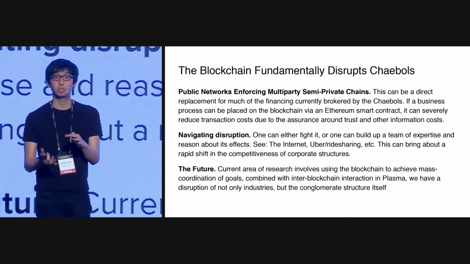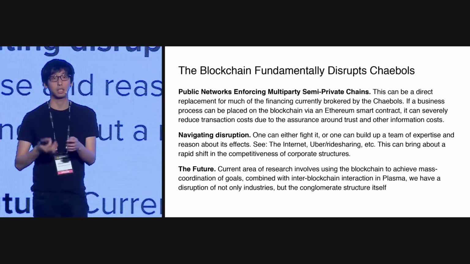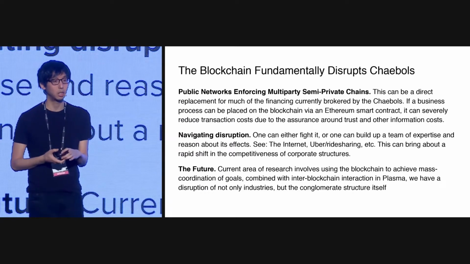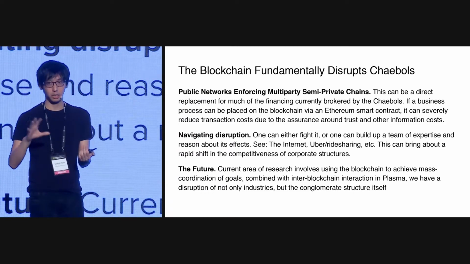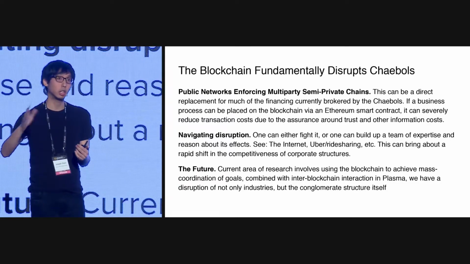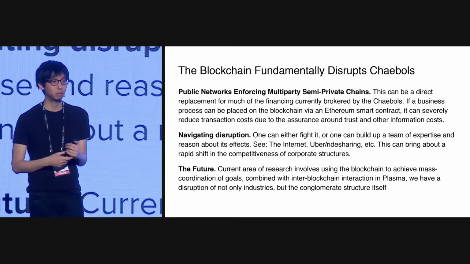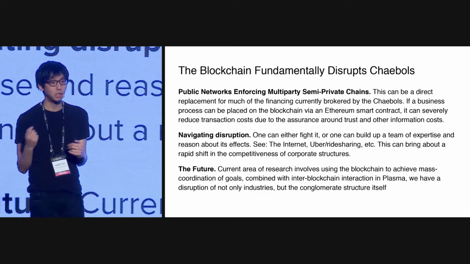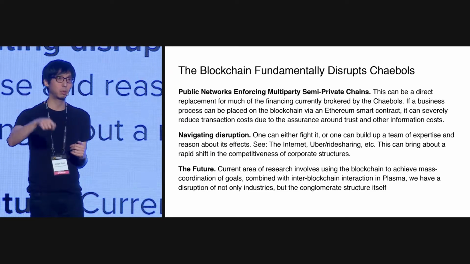My current area of research, and you can look this up on ETH Research, with other parties doing a lot of interesting stuff with Plasma, can enable a great deal of not only scalability but coordination in the enterprise space. And I think this may result in the disruption of not only industries but the business process of the conglomerate itself.